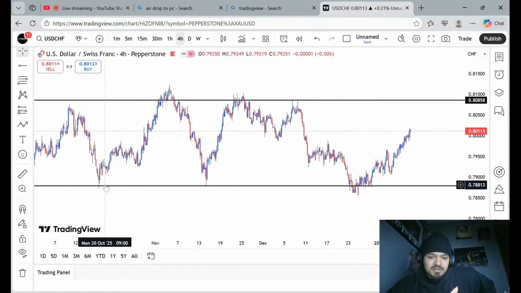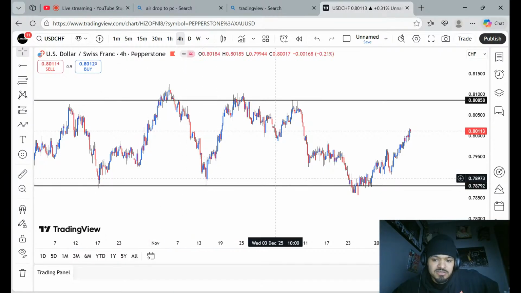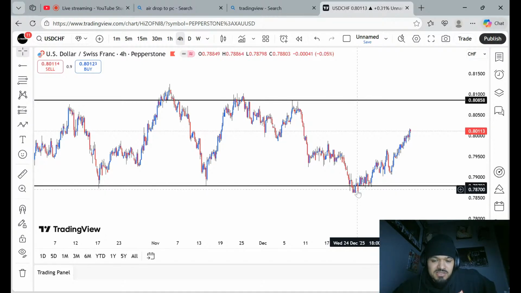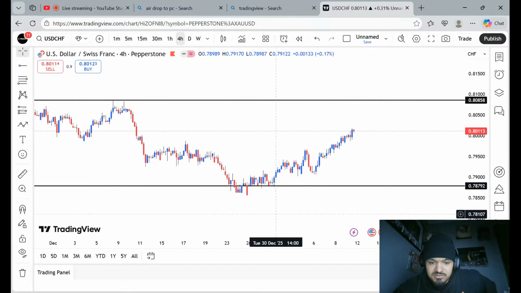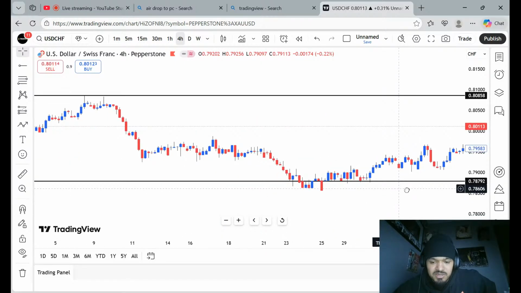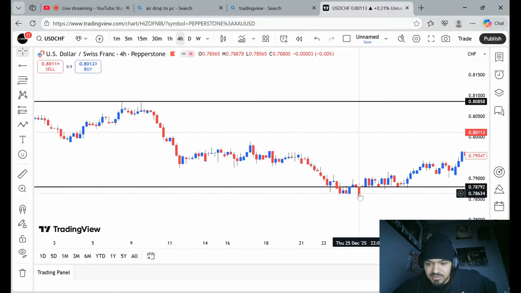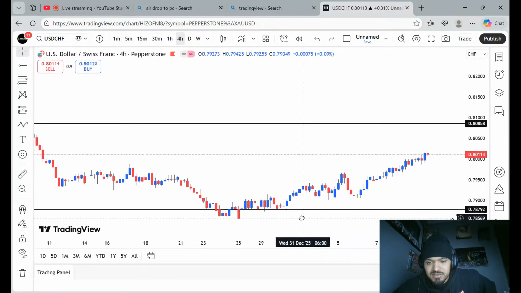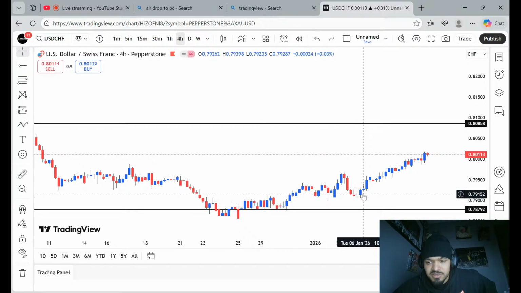You have your resistance level or support level down here. I thought because of this candle it was going to keep going down, but I don't know. What kind of structure is this right here? Anyways, it just ended up going up, pulling back, taking off.